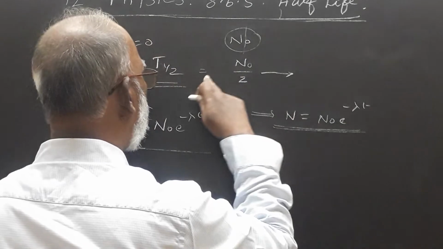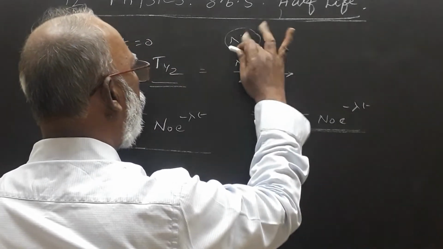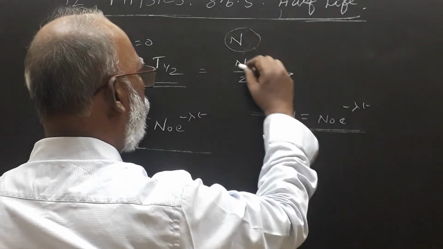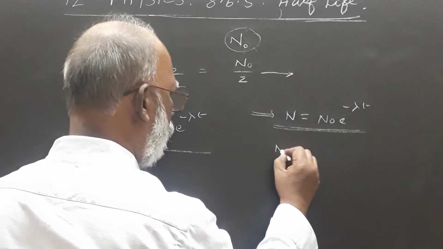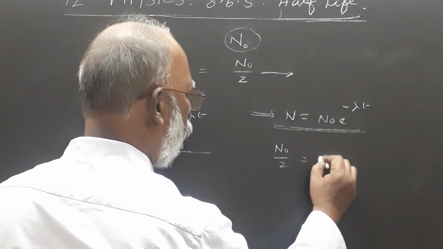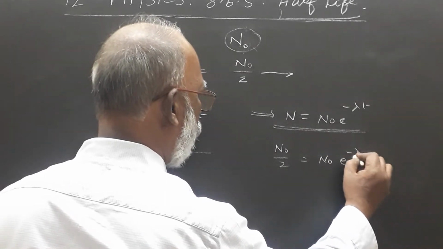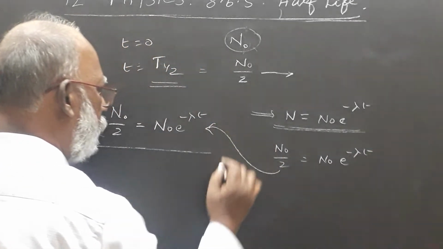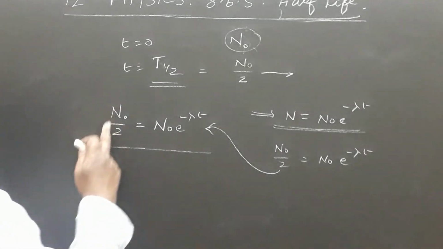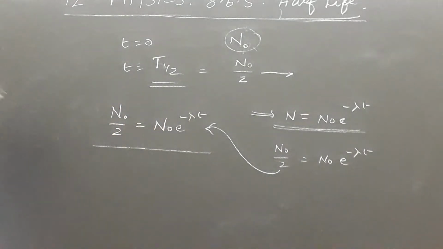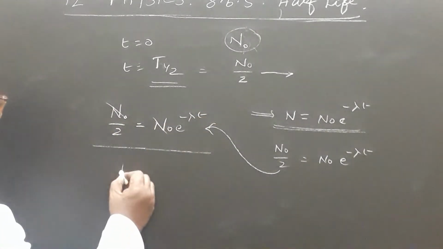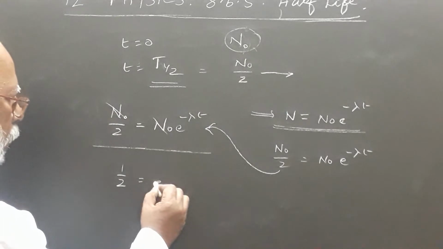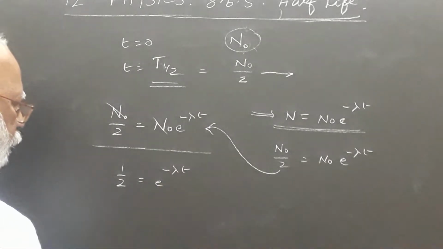If N is the remaining number, then N equal to N naught by 2. Therefore, N naught by 2 equal to N naught into e power minus lambda t. Both sides, N naught cancel, remaining 1 by 2 equal to e power minus lambda t.